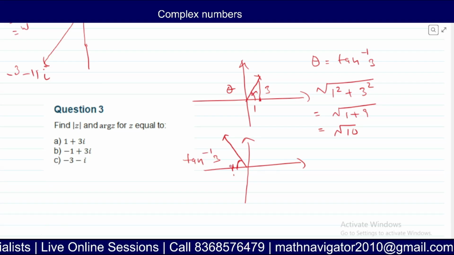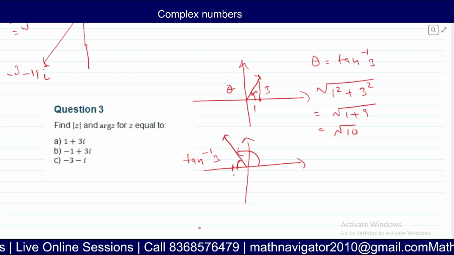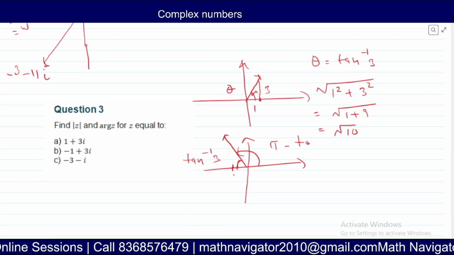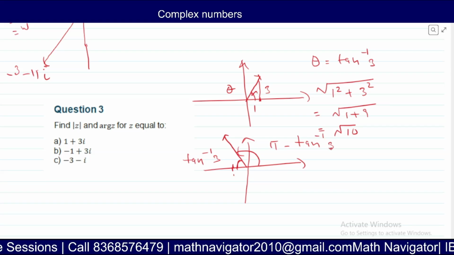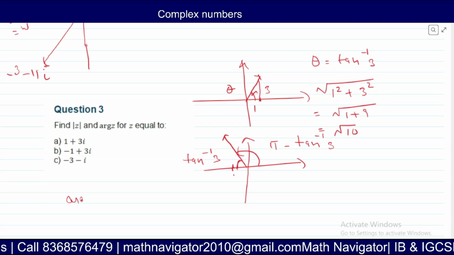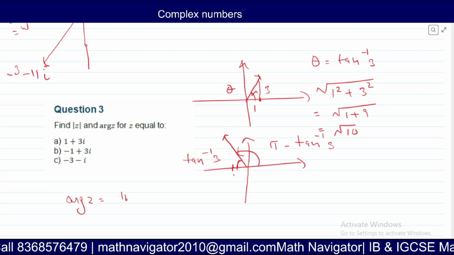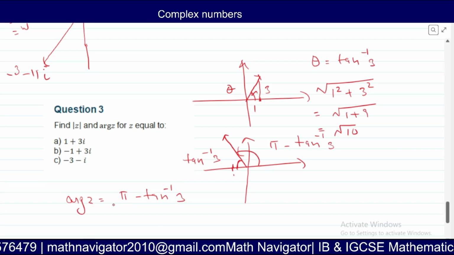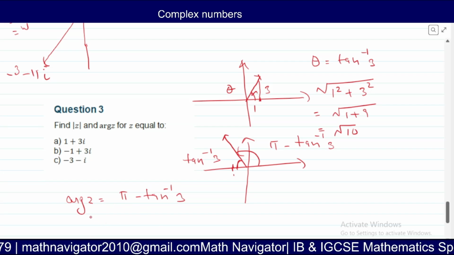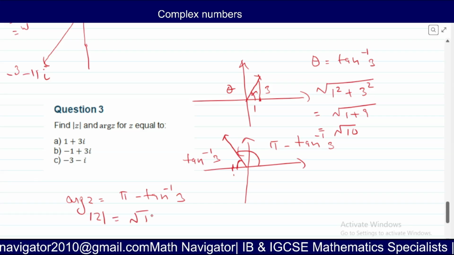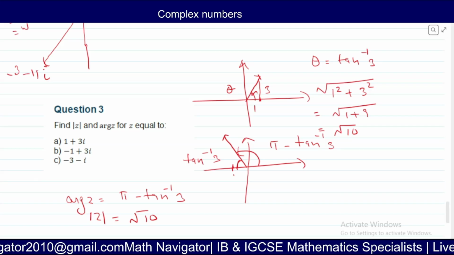And I have to subtract it from pi to get this. So this angle will be pi minus tan inverse 3. So this means arg z is equal to pi minus tan inverse 3. And my modulus will be the same, which I got earlier. Clear? Now let's do the third part.